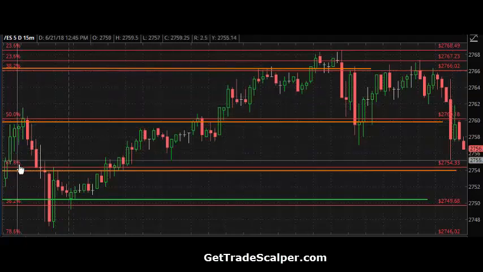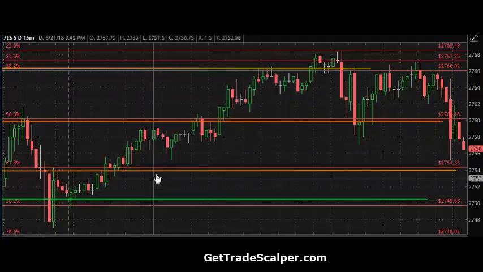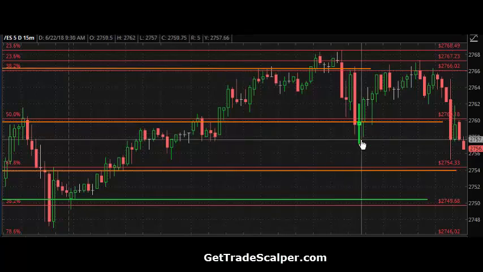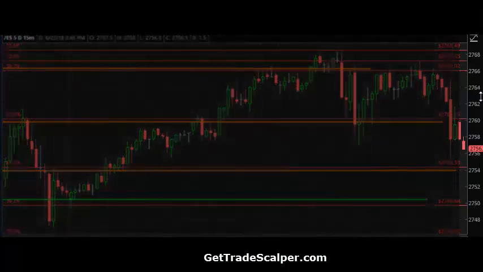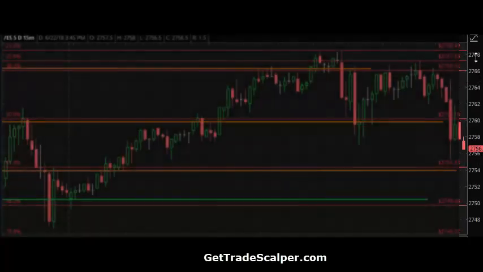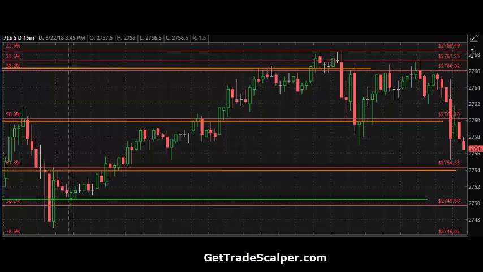It's mathematical. It's incredible. And the thing about Fibonacci numbers is, you see over here this price axis, price will actually turn on a Fibonacci number.